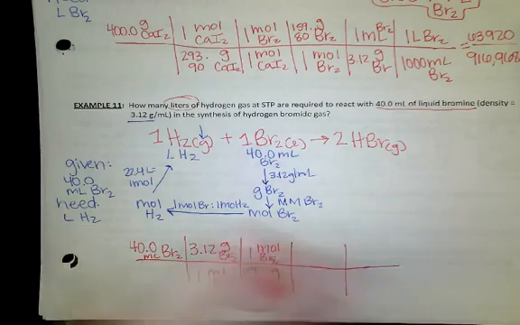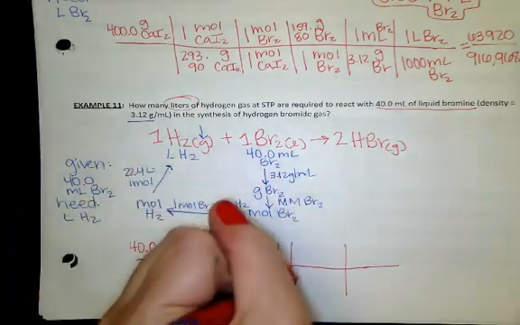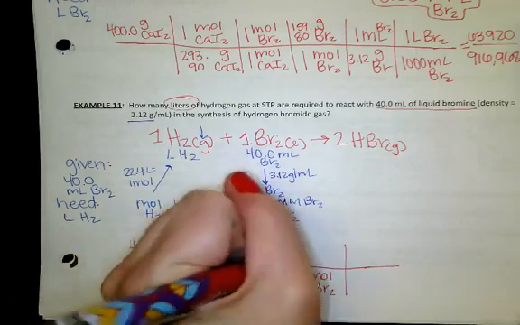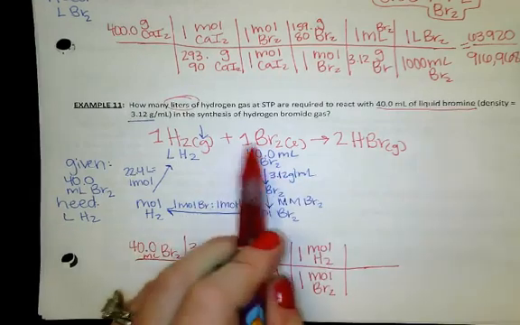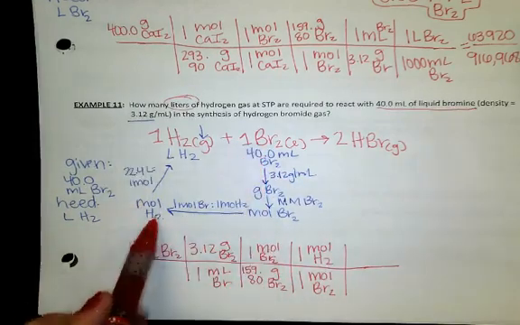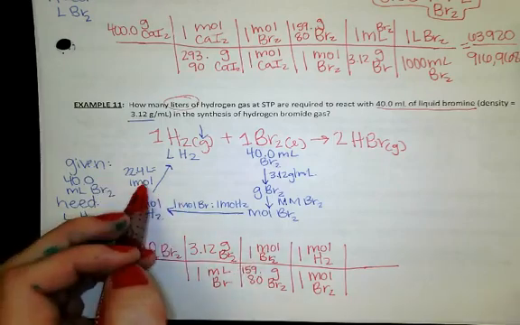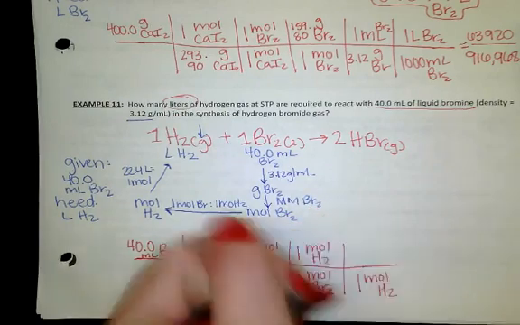So 1 mole of bromine to 1 mole of hydrogen. Okay, because that's from our balanced equation. So we're here. Now we're going to go from moles of hydrogen to liters of hydrogen using 22.4 liters. So 1 mole H2 is 22.4 liters of H2.